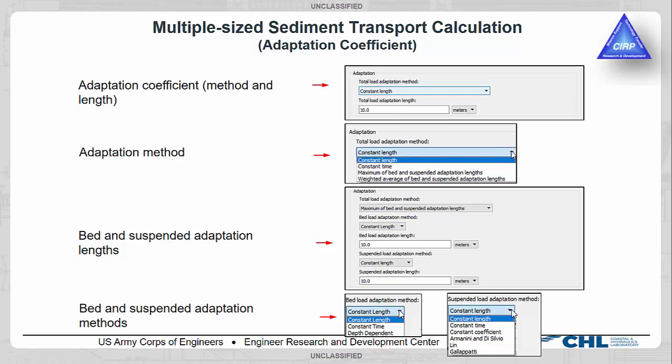So we pick 10 meters in the simulation. If you pick some other method, you need to go further down the table and pick a different method for bed load and also for suspended load to get your proper adaptation length through the model calculation.